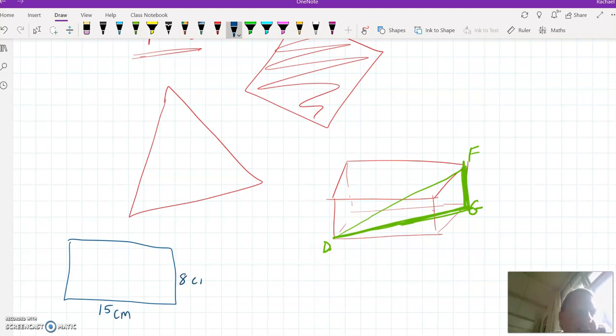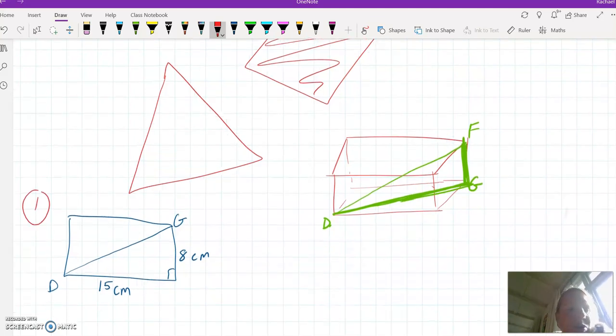We know that it's 15 centimeters long and it's 8 centimeters wide, and we know that that line DG runs all the way across from the corner D over to the other corner G. Okay, you can see that that becomes a right angle triangle. So hopefully you can see that's why they can use Pythagoras there. Okay, so question one, once you redraw it, you can hopefully see that that's a nice easy Pythag question.